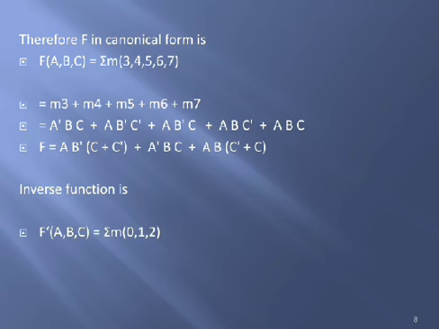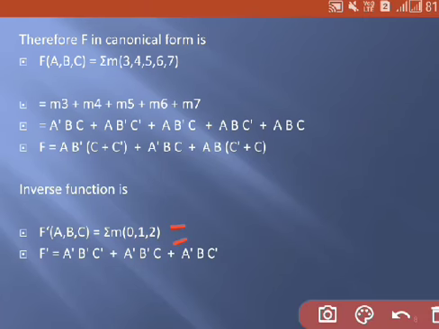And if you observe the inverse function f dash of a, b, c is equal to summation small m of 0 1 2, you can write it as m naught plus m1 plus m2.